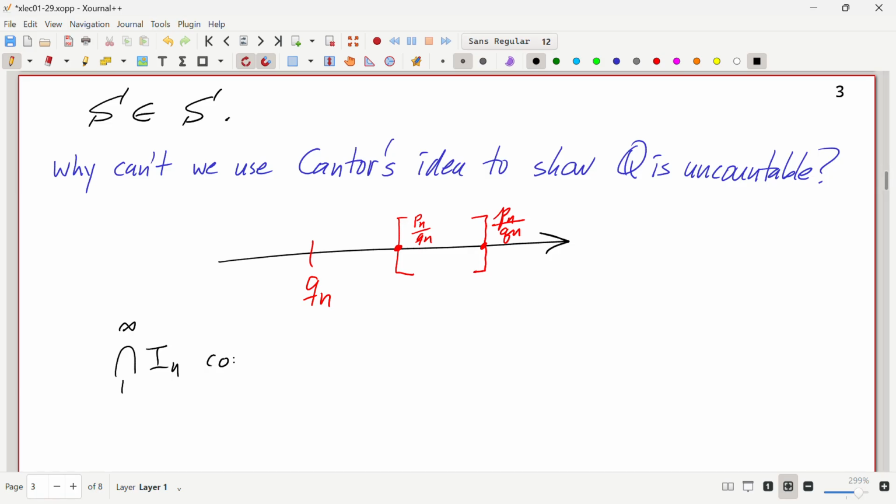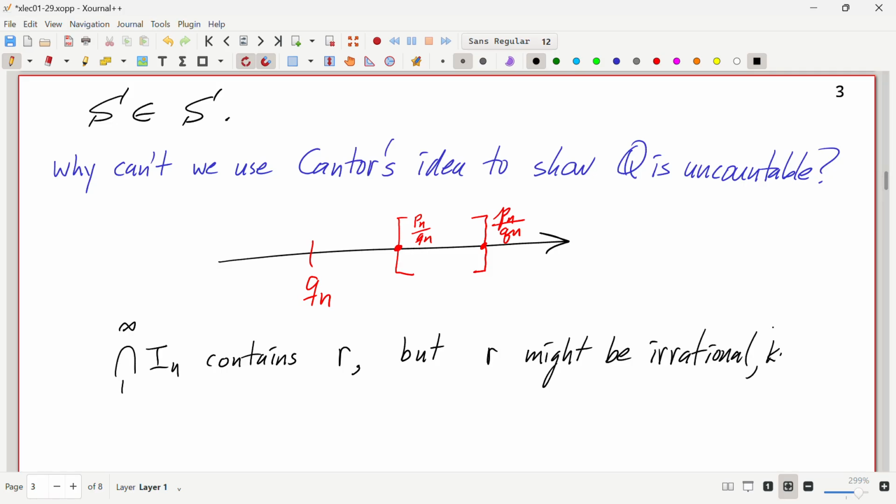It contains an R, but R might be irrational. Like the square root of 2. So that would make it bomb.